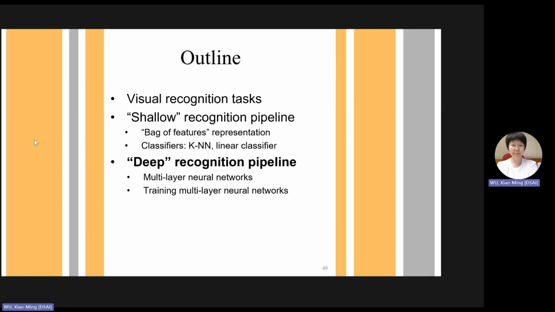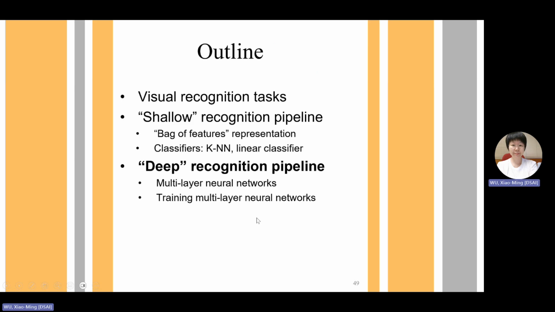Then we'll talk about the basic knowledge of deep learning, including the multi-layer neural network and how to train a multi-layer neural network.